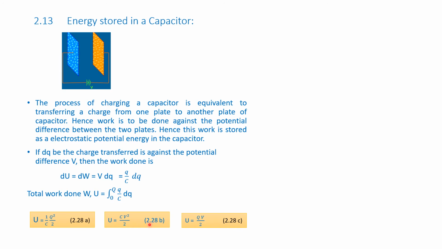The equation 2.28b can also be written as U is equal to QV by 2. Here one C and one V becomes Q because we know Q is equal to CV. So one V will be retained as it is and the denominator is 2. This equation is 2.28c.